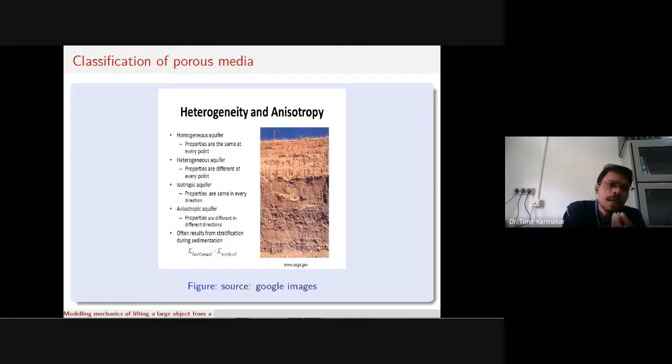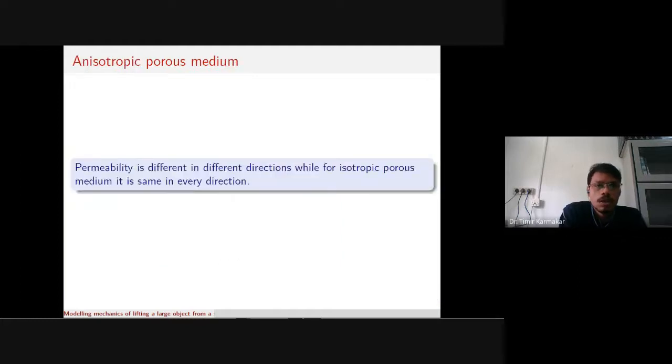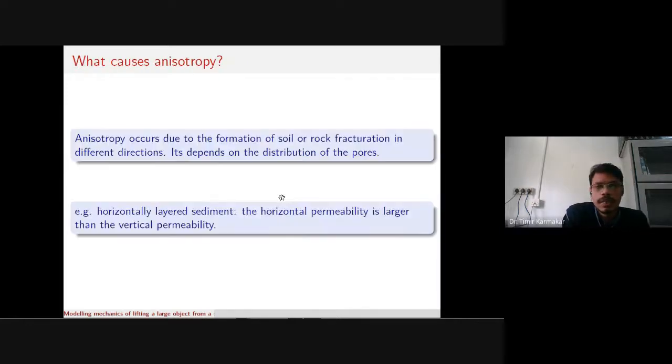It will impact any kind of fluid mechanical properties, such as streamline velocity or the pressure, very much. So as I discussed, for an anisotropic porous medium, permeability will be different in different directions, while for an isotropic porous medium, it is the same in every direction.